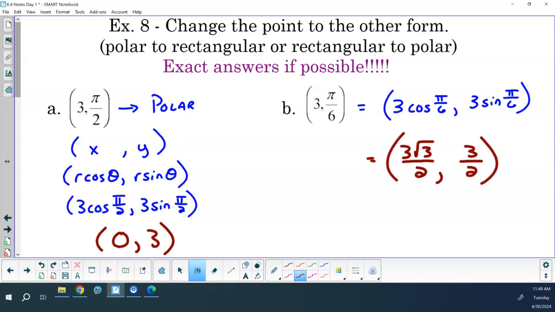Agree with B? 3 square roots of 3 over 2 and 3 over 2.